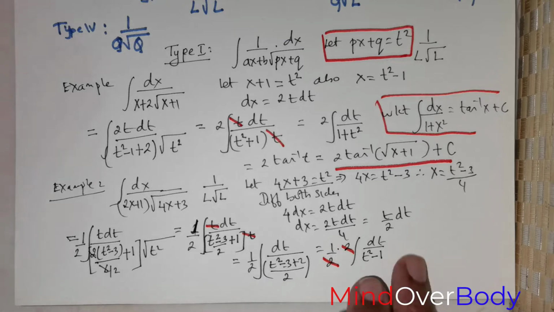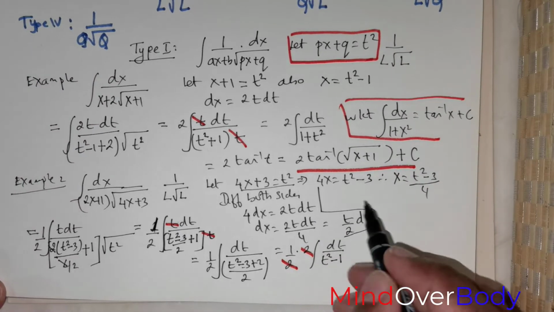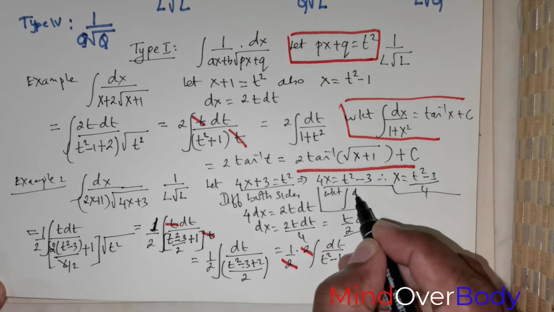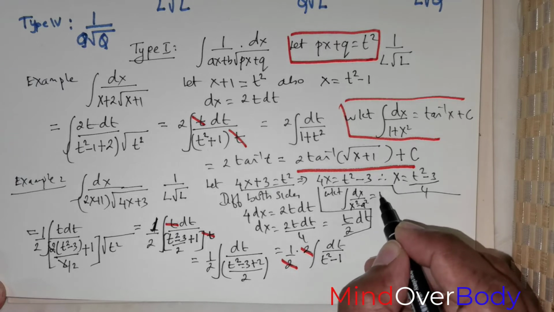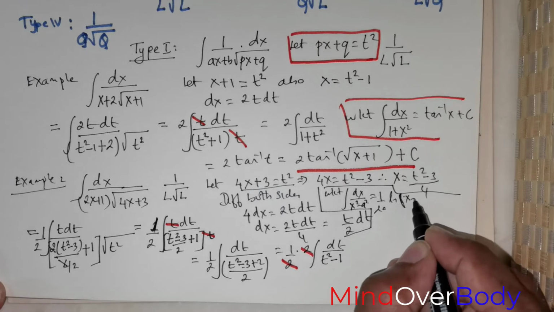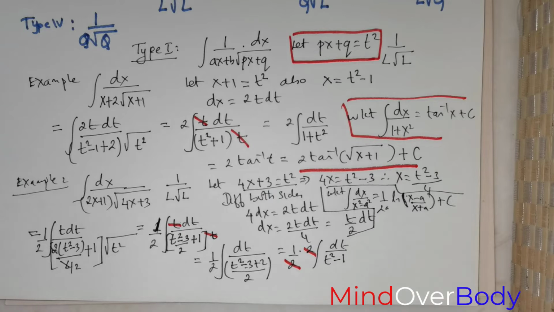So now this is actually a popular formula. So let me just show you the formula over here. Now we know that integral dx over x squared negative a squared is equal to 1 over 2a times ln of x negative a over x positive a, positive arbitrary constant c.